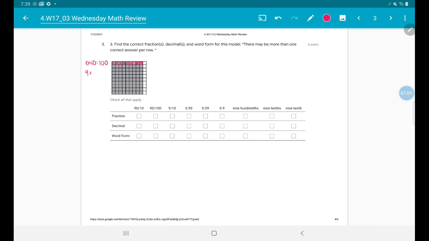So I know that 9 times 10 is 90. That tells me that 90 of the 100 are shaded. So, sorry, not 90 tenths, 90 hundredths.